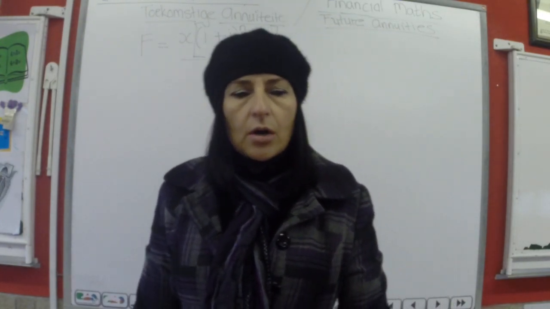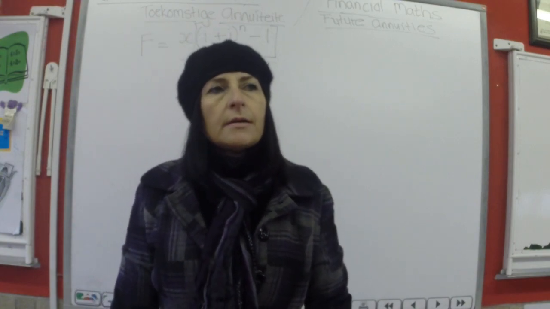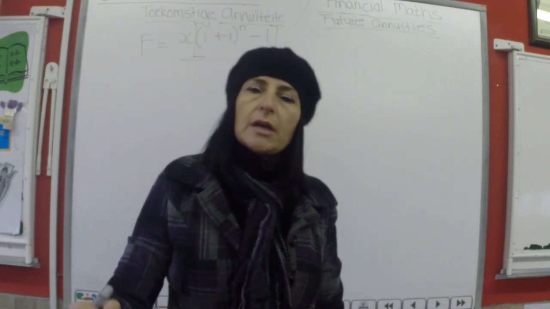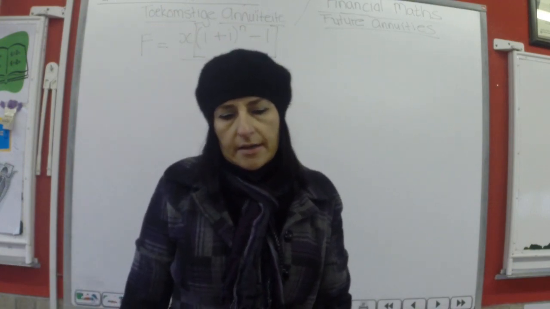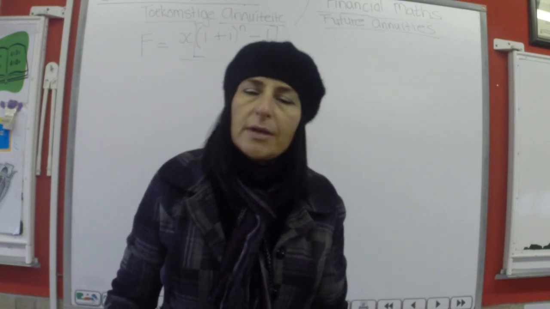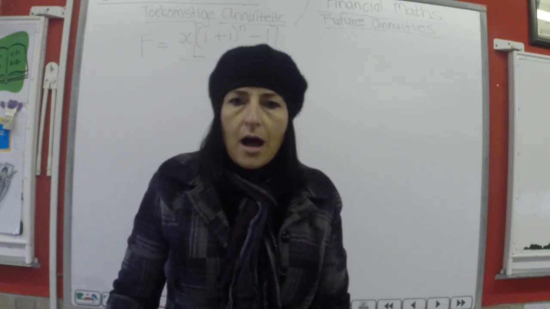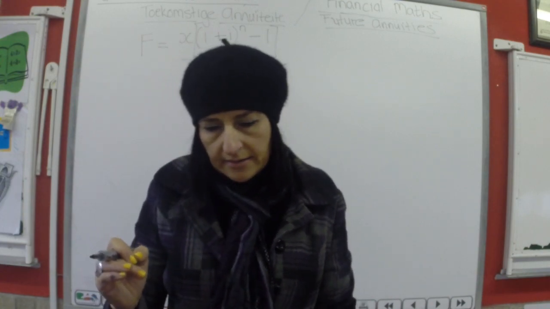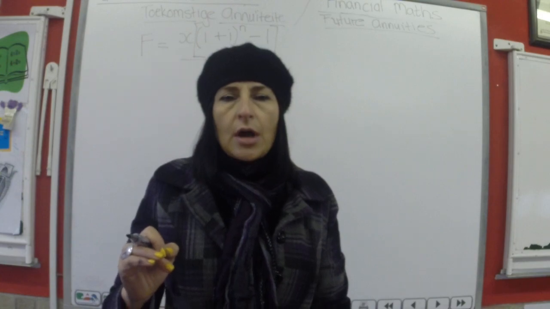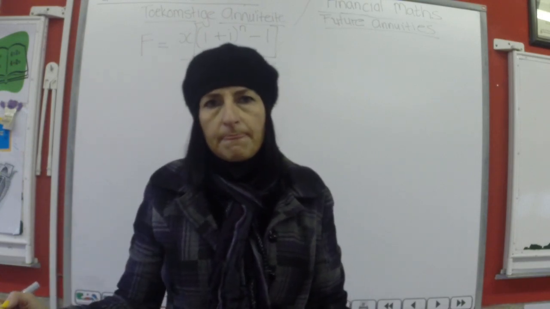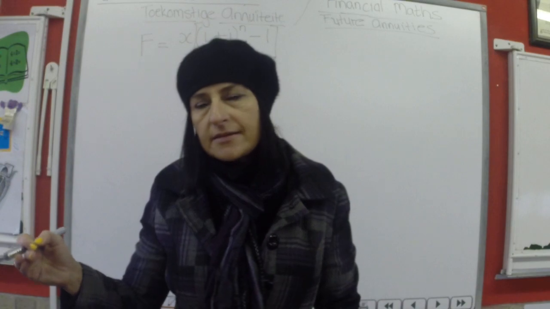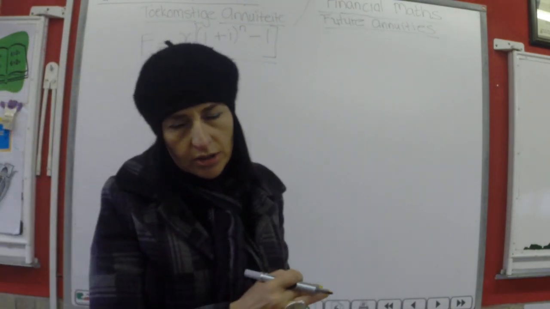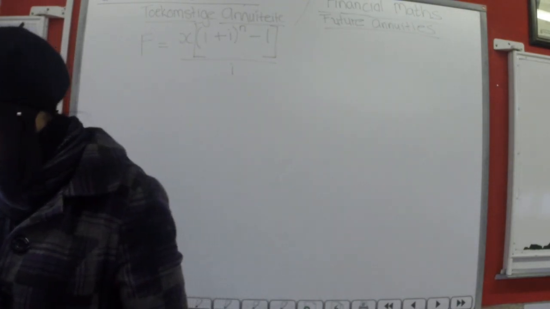Annuities: there are certain conditions regarding a sum to be an annuity sum. A financial math sum is an annuity sum if a specific amount is paid in the same amount over a certain time at the same intervals at a constant interest rate.